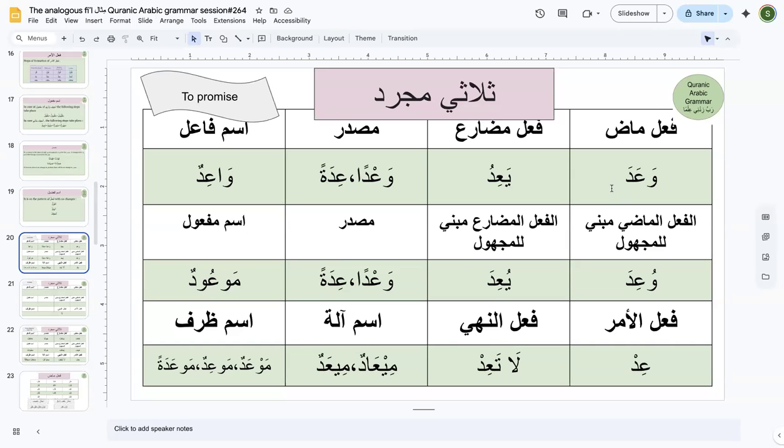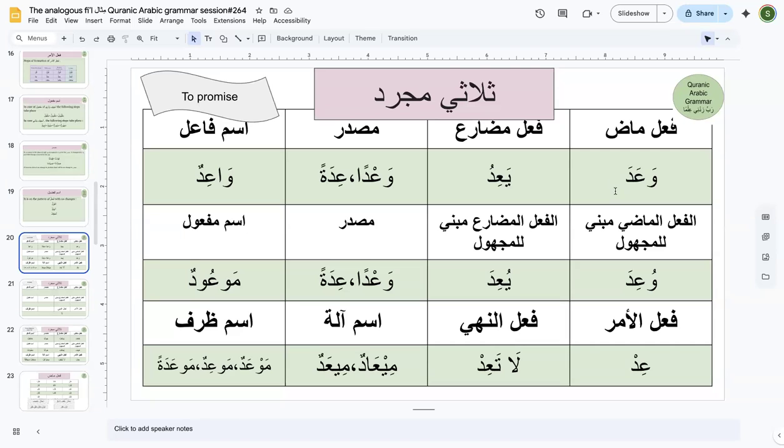There is no change. So do you think this is just like your regular fail madin? It appears to be similar to your regular fail madin, wa'ada, no change. That is where it derives its name from: it conjugates pretty much the same as a regular fail madin, as daraba, wa'ada.